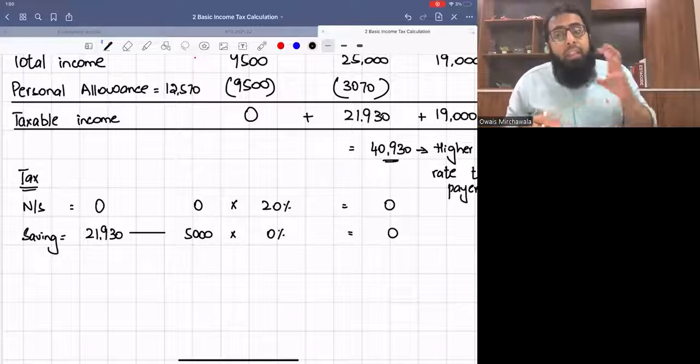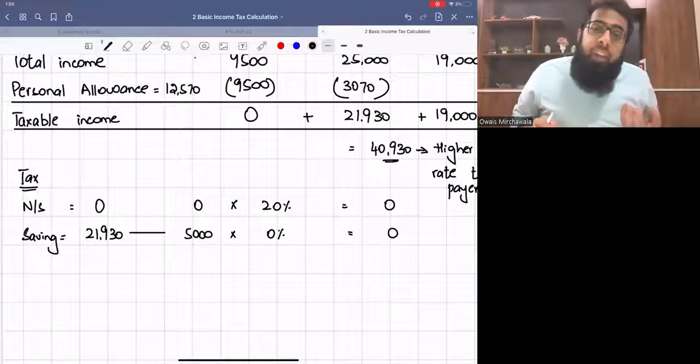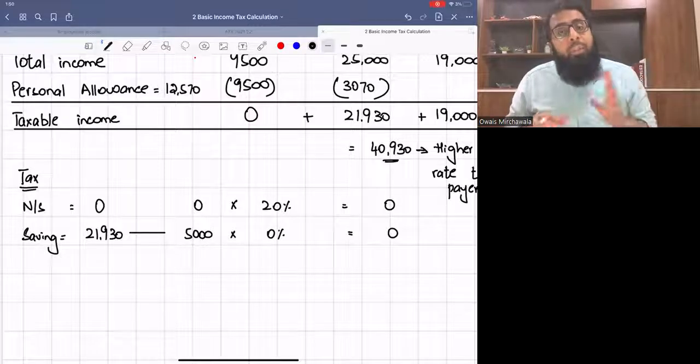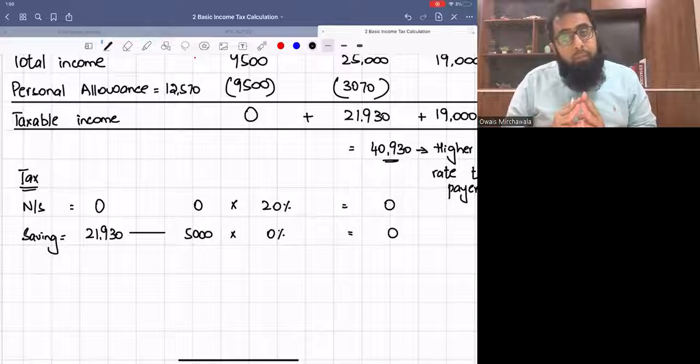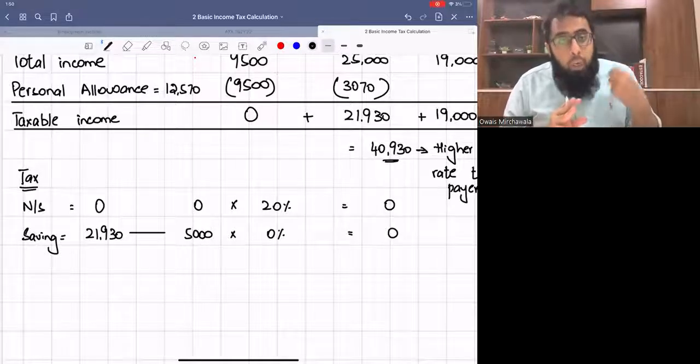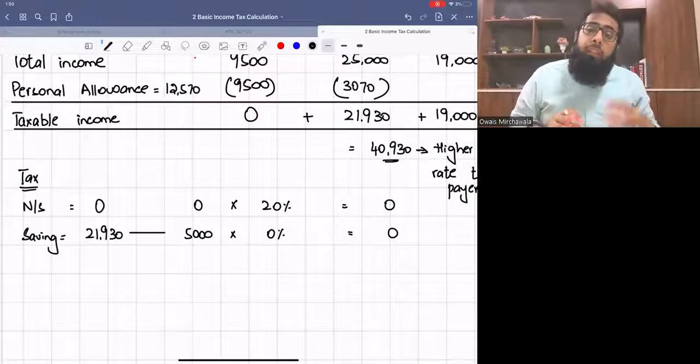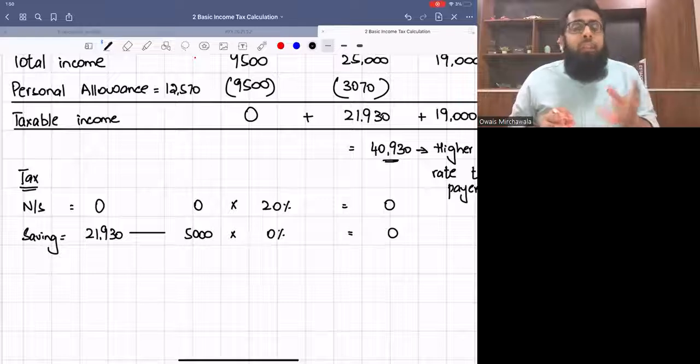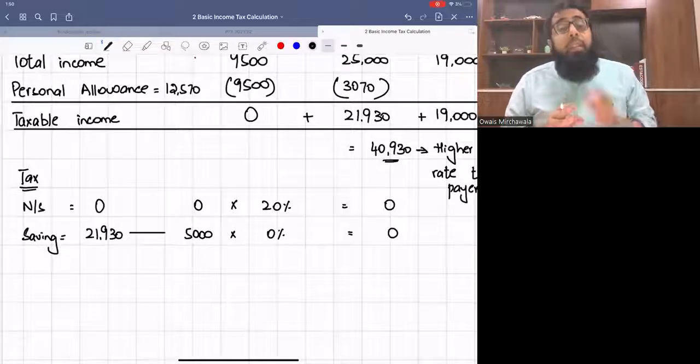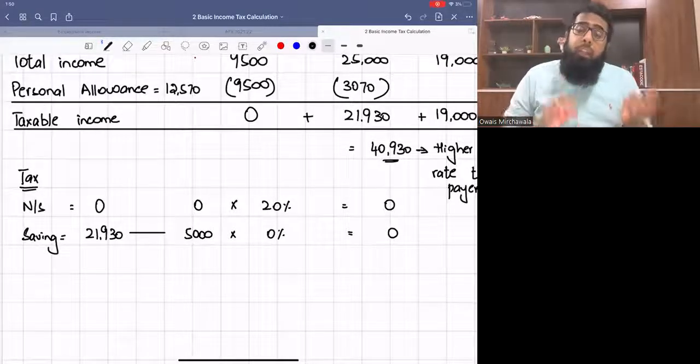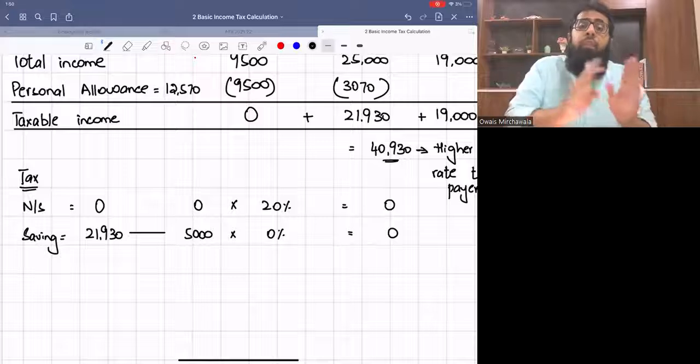Whatever space saving income gets in the first 5,000 will get taxed at 0%. Since here the non-saving is 0, the saving income is getting the whole 5,000 slot.